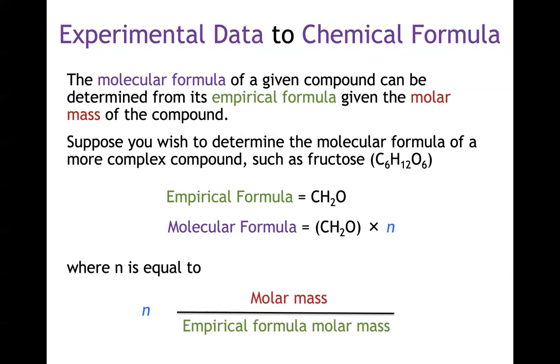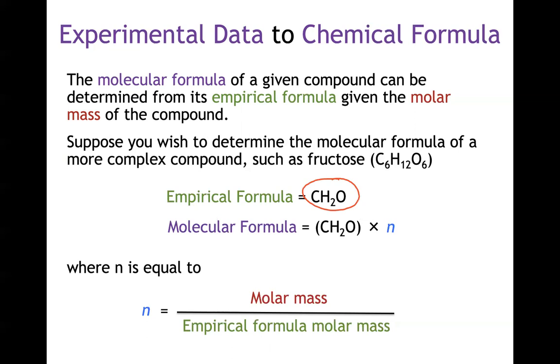Well, N is equal to the molar mass of the molecule. So if you're given the molar mass, you could find out the empirical formula, and then from there, you can calculate the actual molecular formula, right? And N is equal to the molar mass of the actual molecule divided by the molar mass of the empirical formula, right? How do we calculate those values? Well, the molar mass of the empirical formula is similar to how we did water a little bit ago.